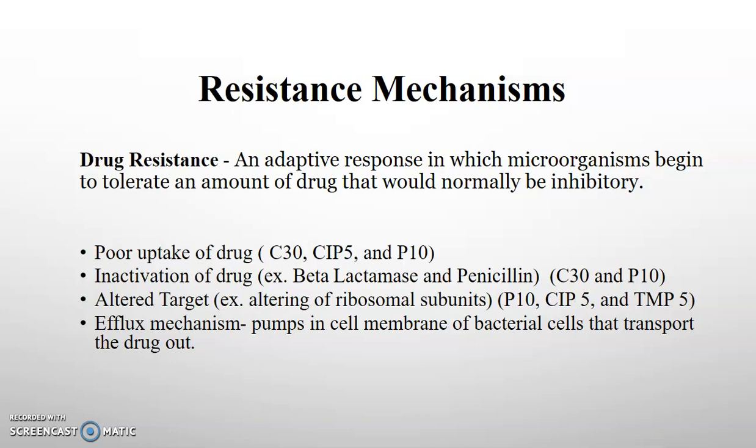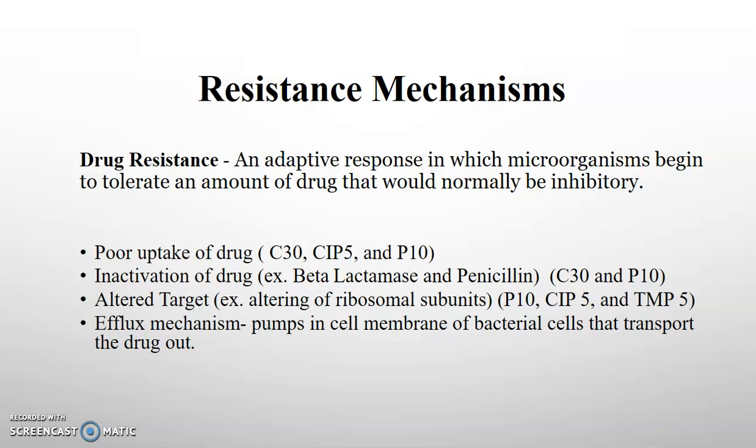So let's say you're infected with some type of Staphylococcus bacteria and you're given penicillin to cure that infection. There's a pretty good chance that that Staphylococcus bacteria produces this beta-lactamase enzyme. That enzyme is actually going to destroy the penicillin as soon as you start taking it.